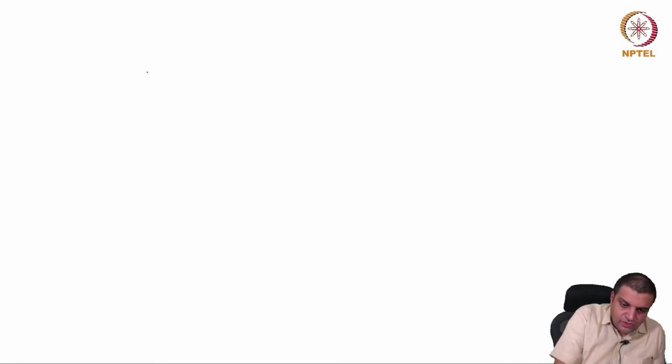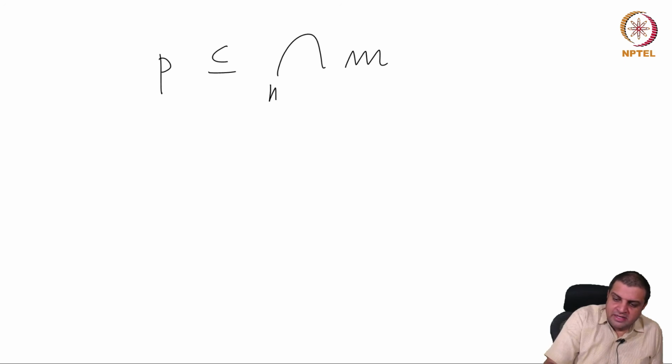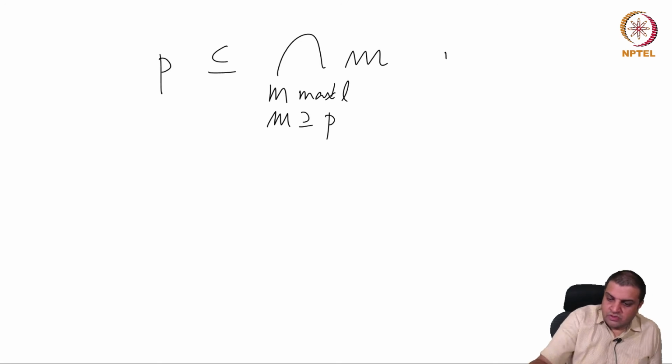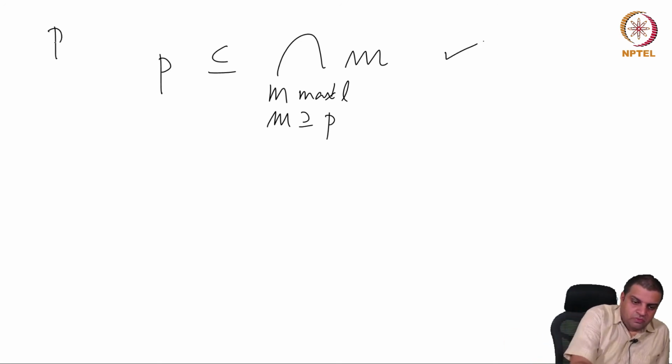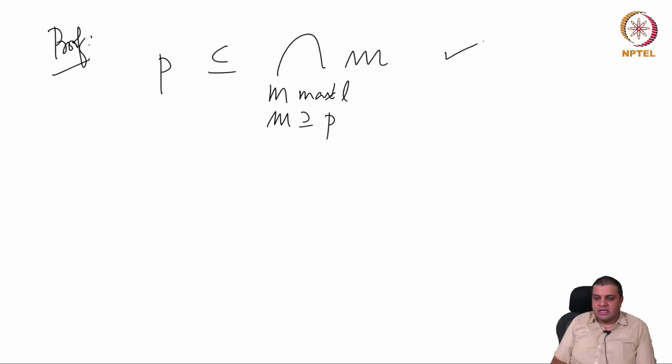So this is what we want to show. P is clearly inside the intersection of the maximal ideals containing P. This is the proof of that observation.